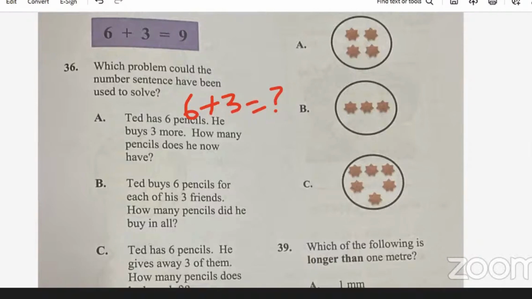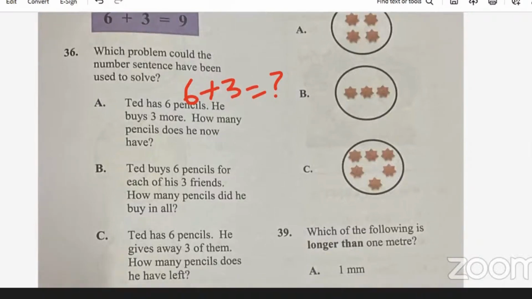Okay, so to see if that number sentence could solve the problems. All right, so Ted bought 6 pencils for each of his 3 friends. So 6 for this one, 6 for the other one, and 6 for that one, right? Could we use that to solve it?